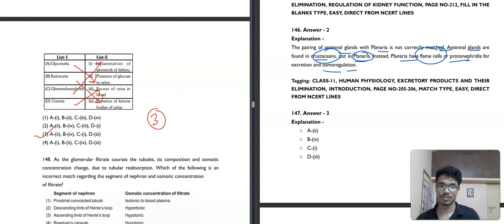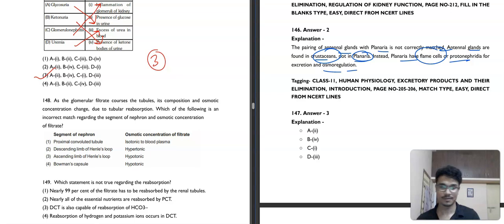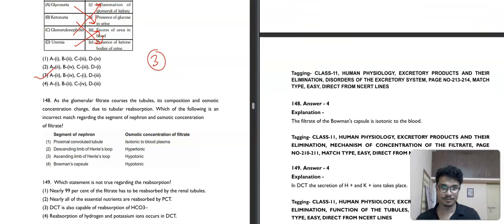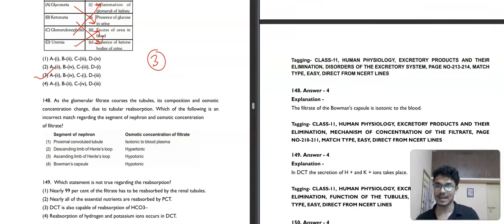Then question number 148. It is saying that as the glomerular filtrate courses through the tubule, its composition and osmotic concentration change due to tubular reabsorption. Which of the following is an incorrect match regarding the segment of nephron and osmotic concentration of the filtrate?